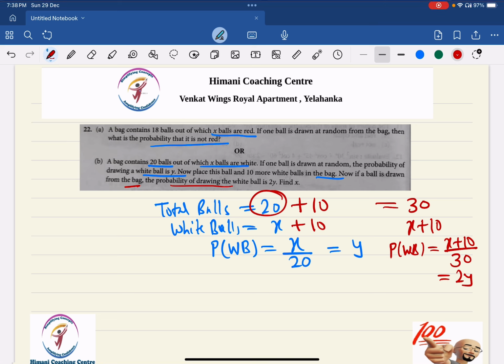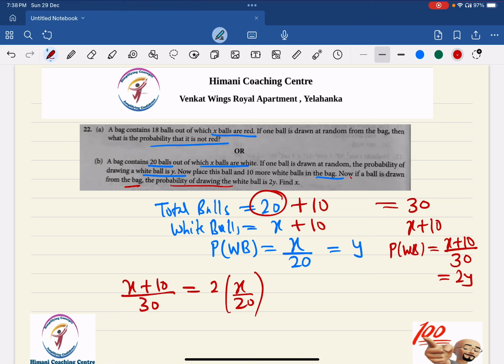It means that x plus 10 by 30 is actually equal to twice of x by 20. Okay. They could have said this in terms that now if 10 more white balls are put in the bag, the probability of drawing a white ball becomes twice the probability in the first case. Here they are saying y and 2y, which means the same.